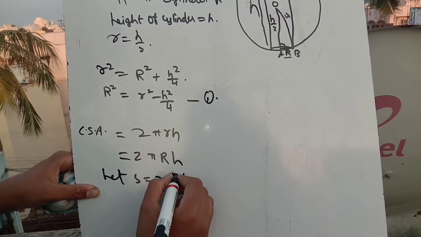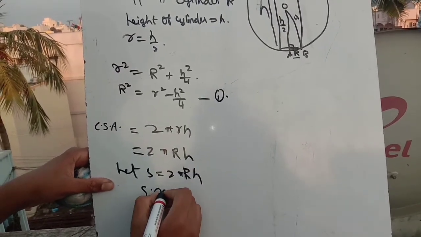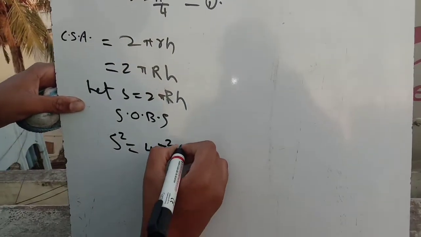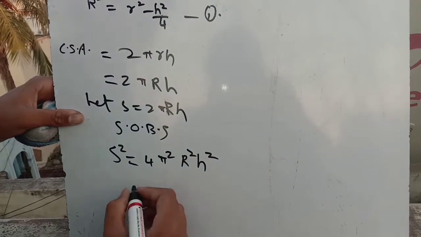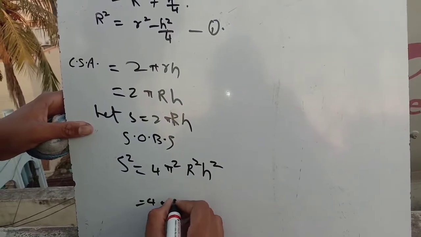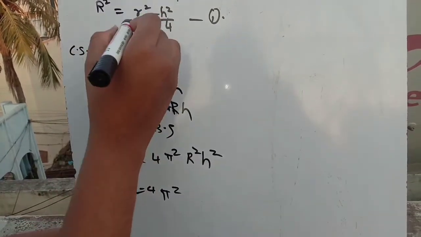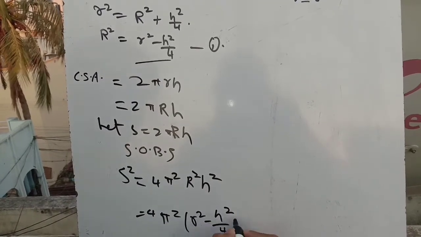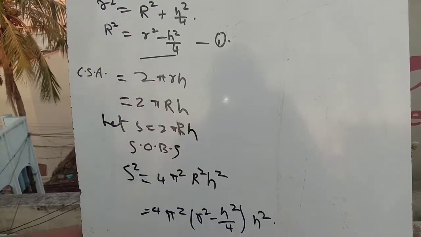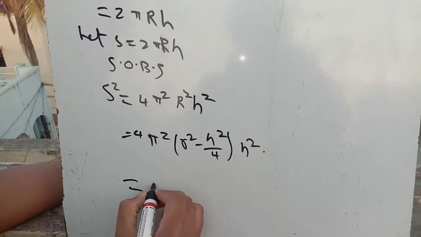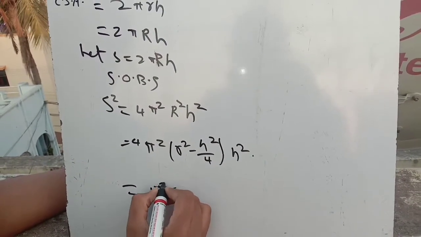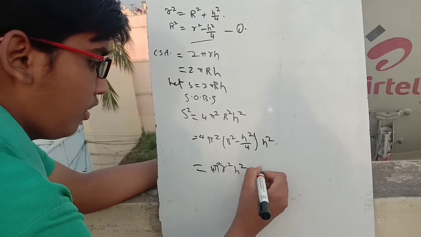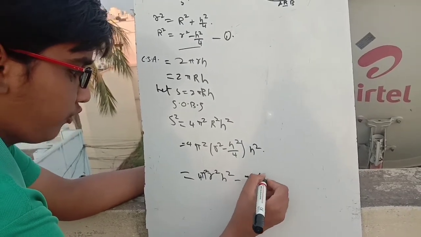Now squaring on both sides, S square is equal to 4 pi square capital R square h square. Substituting capital R square from above, we get 4 pi square into small r square minus h square by 4, into h square. From this we get 4 pi square r square h square minus pi square h power 4.